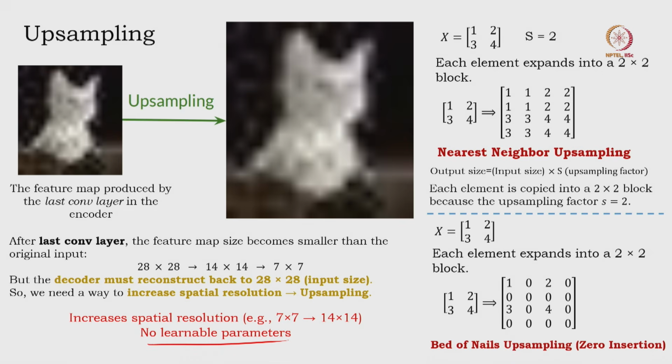Although from 7 cross 7 you are increasing to 14 cross 14, just as an example, if you take a matrix of 7 cross 7 and have a scaling factor 2, you will have a resultant 14 cross 14. Even though you have increased the size, you have done it without any learnable parameters. There is nothing to learn here. So this is not a good approach for upsampling.